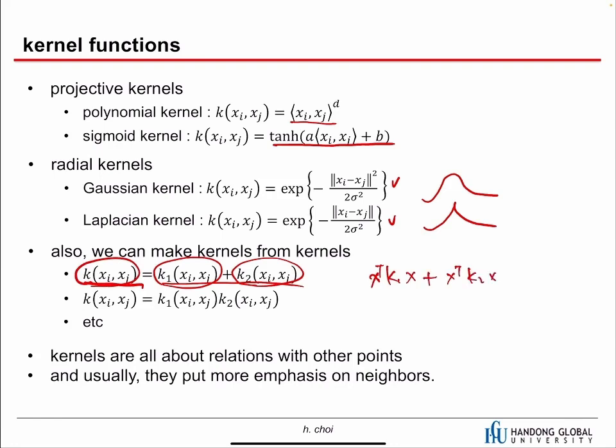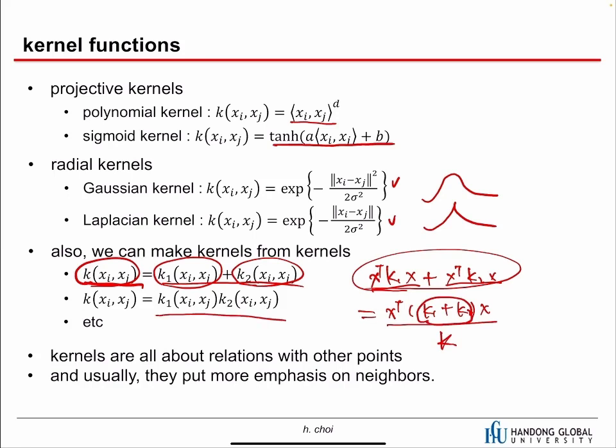Then the sum means x transpose (K1 + K2) x. Since each is positive definite, the result of this sum should be positive, which is exactly the same as this one. So the K should be positive definite. Then if we multiply, this one is positive definite too.